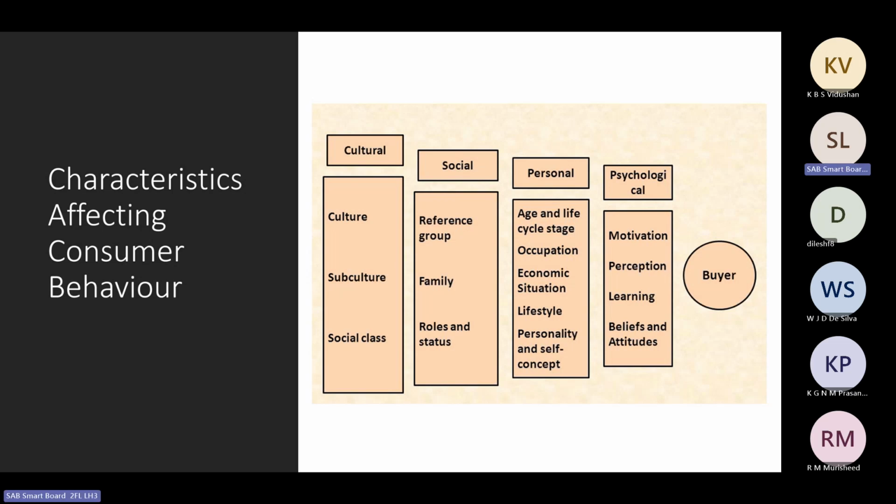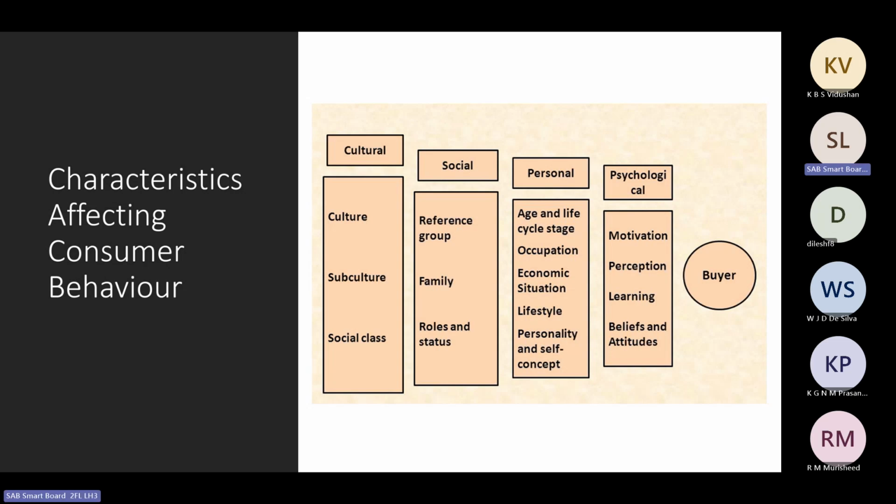When it comes to that understanding level, that is very difficult because people, though they are in the same group or a common group, might have different psychological characteristics. Or how these psychological characteristics affect consumers' behavior might be totally different.